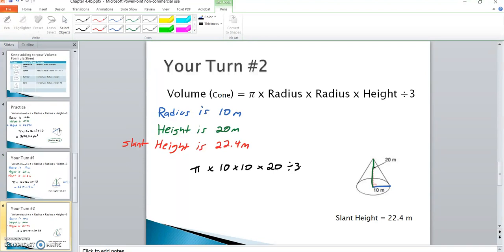So when we put that into our calculator, it results in 2,094.395. And the units are meters cubed.